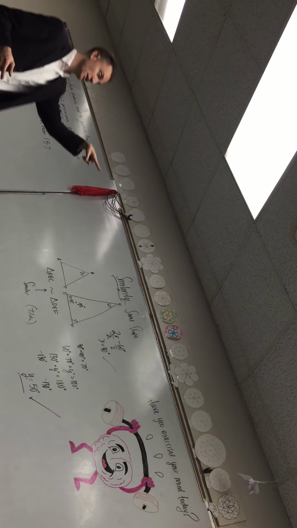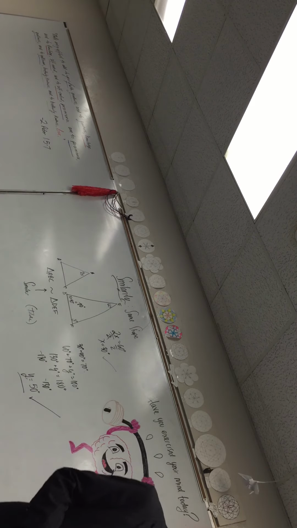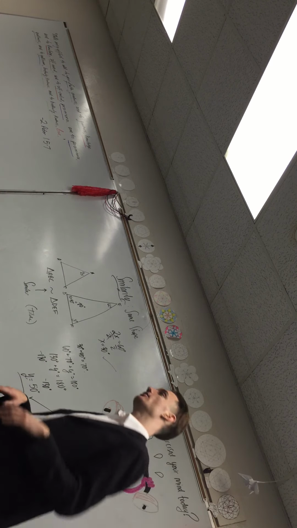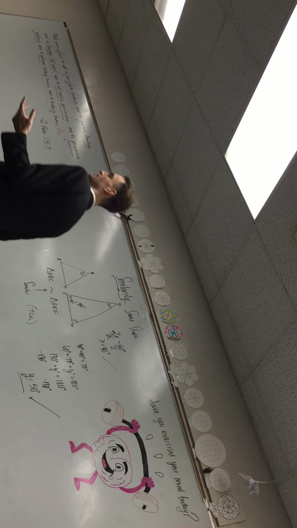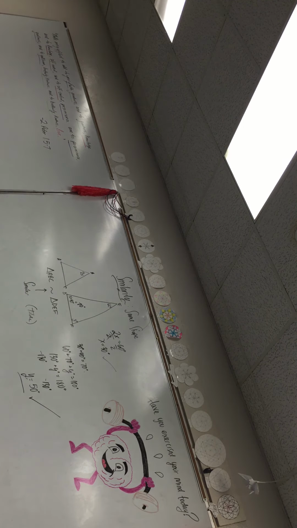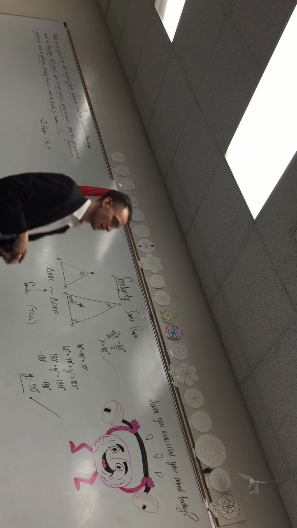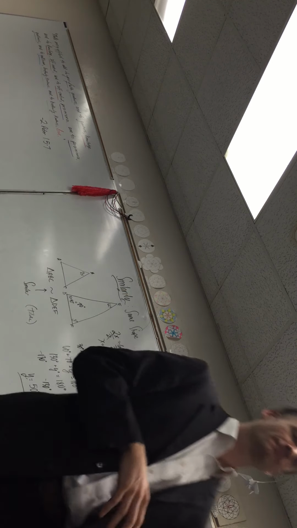Similar means they're the same shape, but the corresponding angles are congruent. And all corresponding sides, the ratios between them are the same.